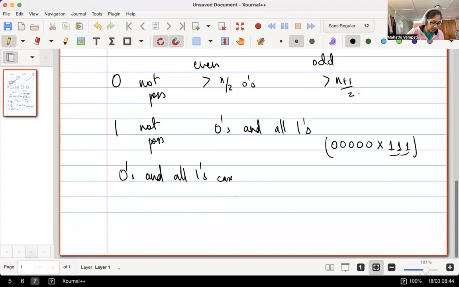Here what we want to do is, we know there's already greater than n by 2 or n plus 1 by 2 zeros.